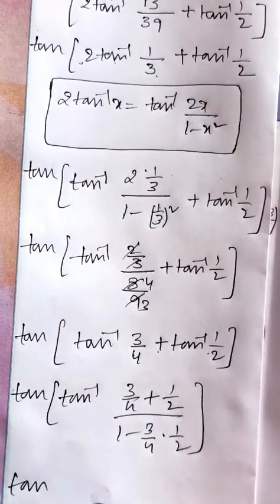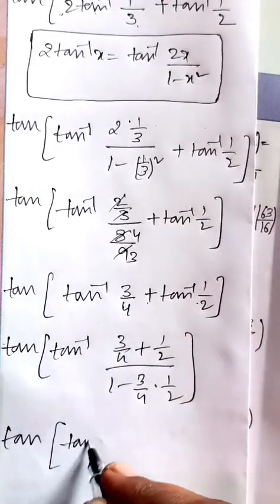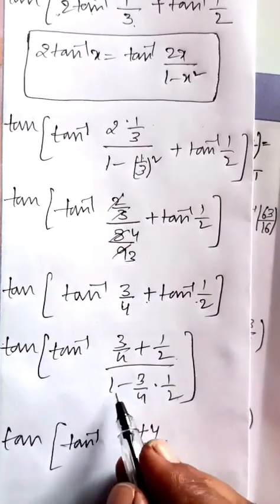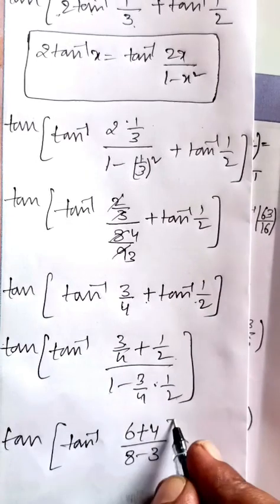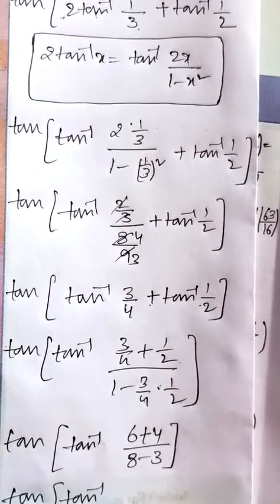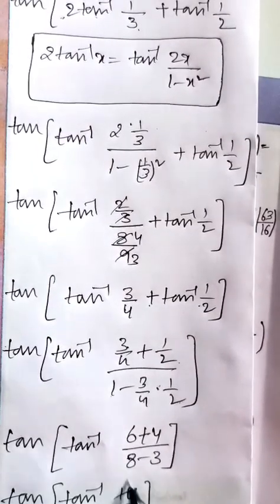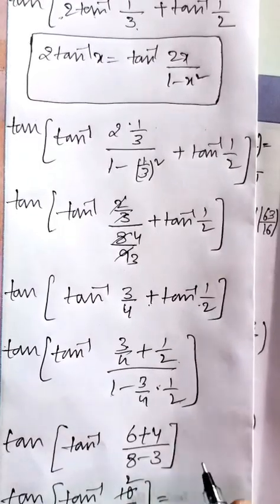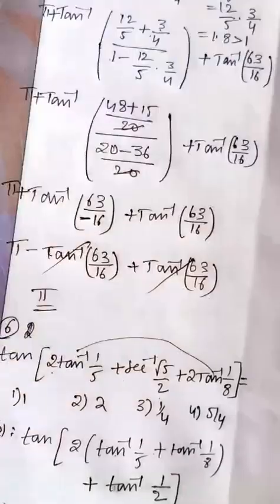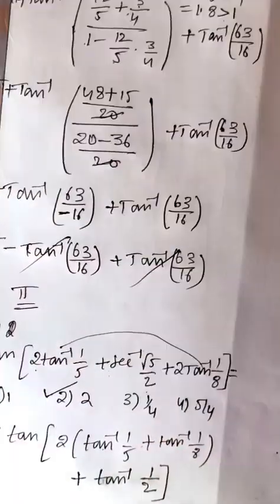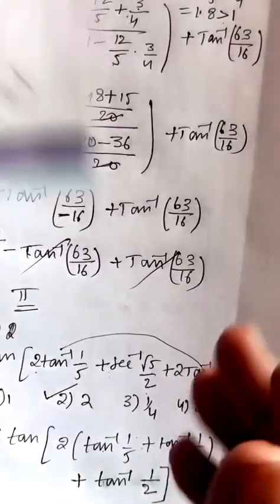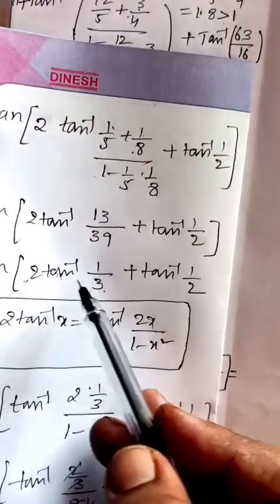So tan inverse 3 into 2 is 6 plus 4, by 4 into 2 is 8 minus 3, tan inverse 10 by 5, 5 ones, 5 twos. So tan and tan inverse cancel, and the answer is 2. So this is right: tan inverse 1 by 5 plus tan inverse 1 by 8 is tan inverse 1 by 3.